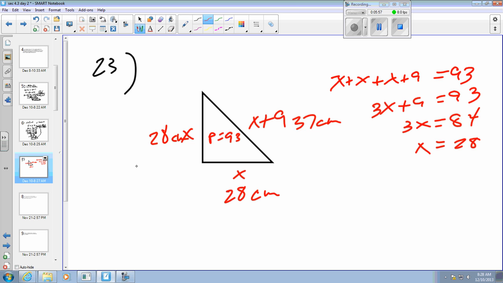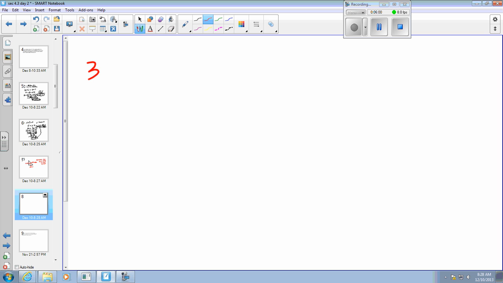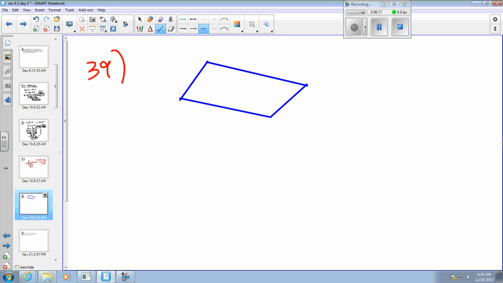The next one we're going to do is question 39. 39 says the perimeter of a quadrilateral is 29 inches. So let's grab ourselves a quadrilateral. Let's see if I can draw one. It doesn't say any particular type of quadrilateral, so we're just going to make it some nondescript one. We know that the perimeter is equal to 29 inches. And the longest side, that would be this one up here, is twice as long as the shortest side. So if this one's the shortest side, the longest one is twice as long.